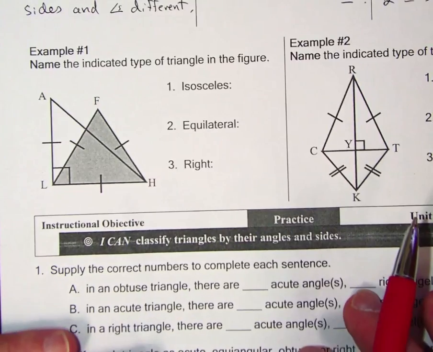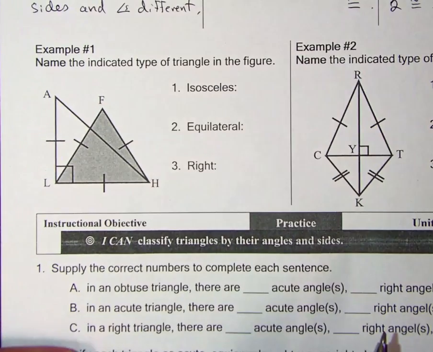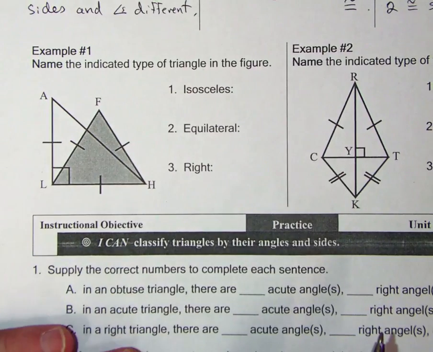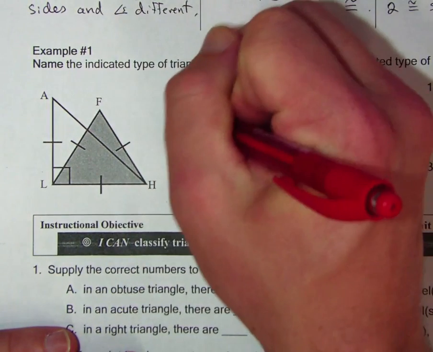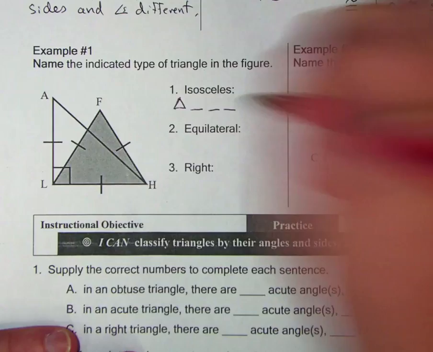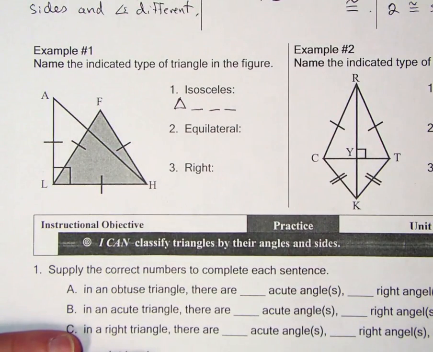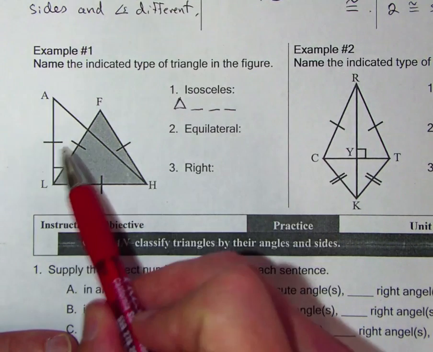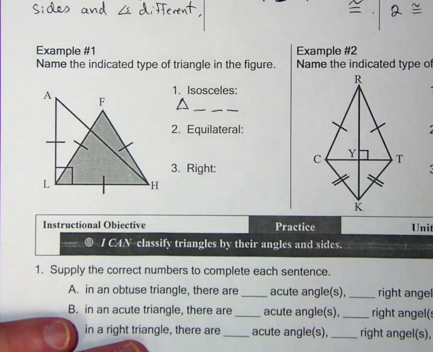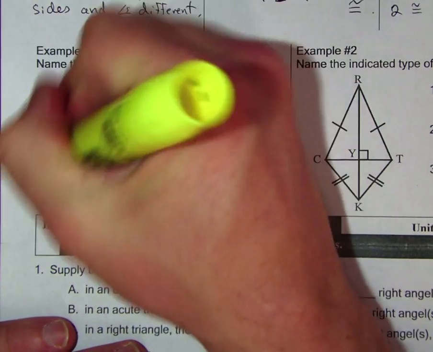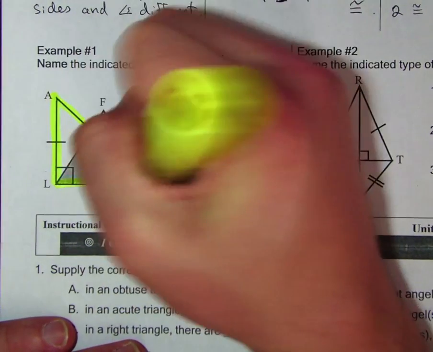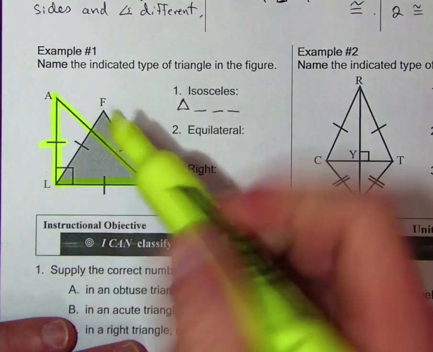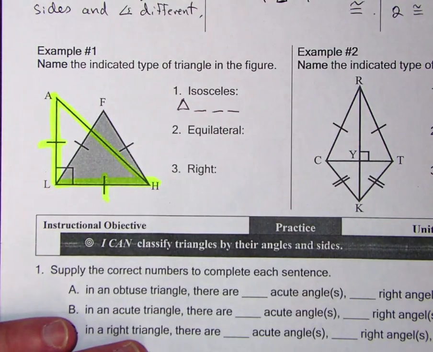Okay, so if we dive down here, you can hit pause and try and find some of these. We want to try and name some triangles. The way you name a triangle is you put a triangle symbol and then three letters. See if you can name an isosceles triangle. Okay, here I go. So an isosceles triangle, at least two sides congruent. So I'm going to look at this triangle right here because it has this side and this side congruent.